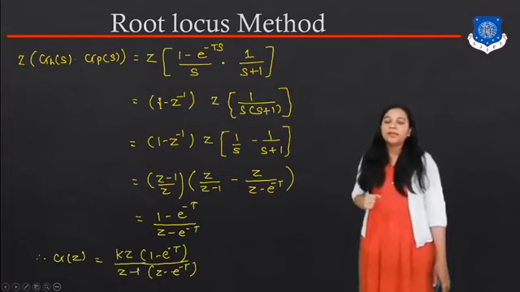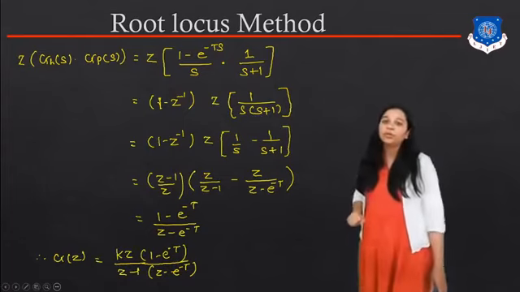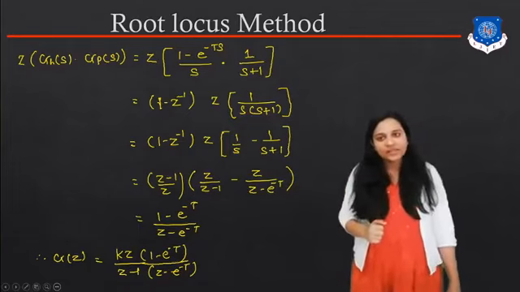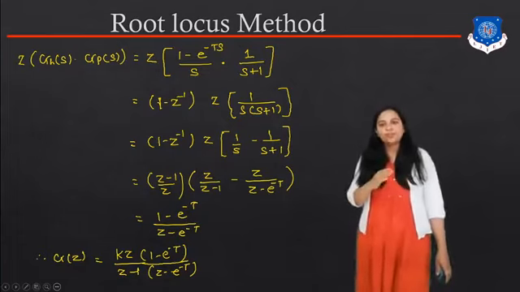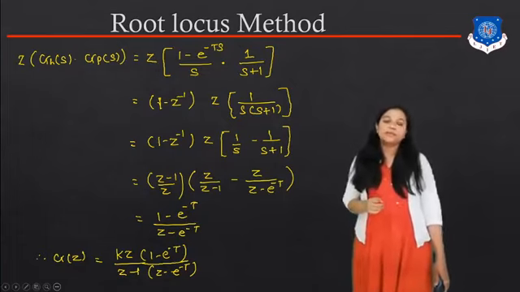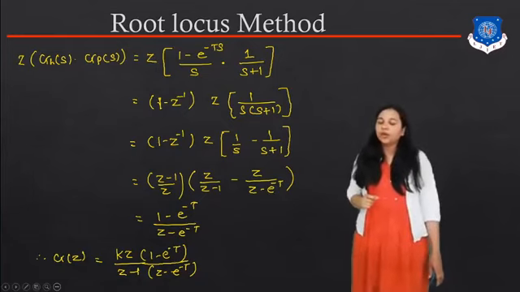So we can multiply these gains and we get g of z equal to kz upon z minus 1, that is our integral controller, into 1 minus e raised to minus t upon z minus e raised to minus t. Okay, so this is our g of z.